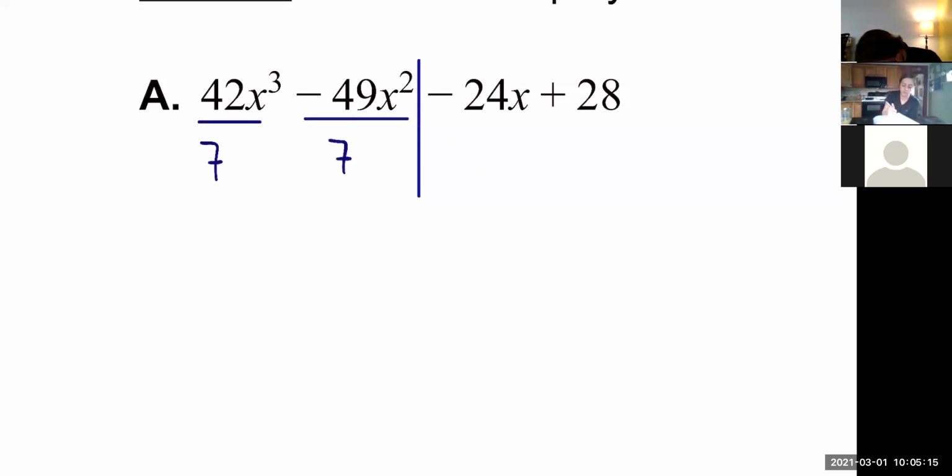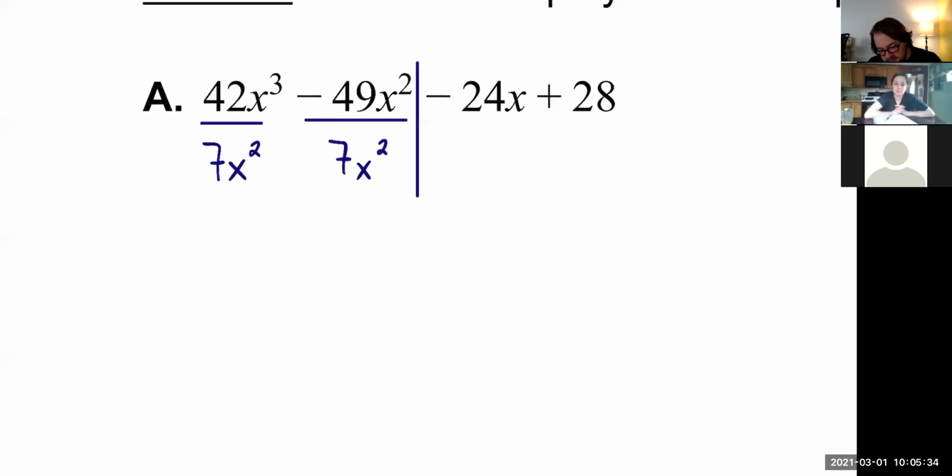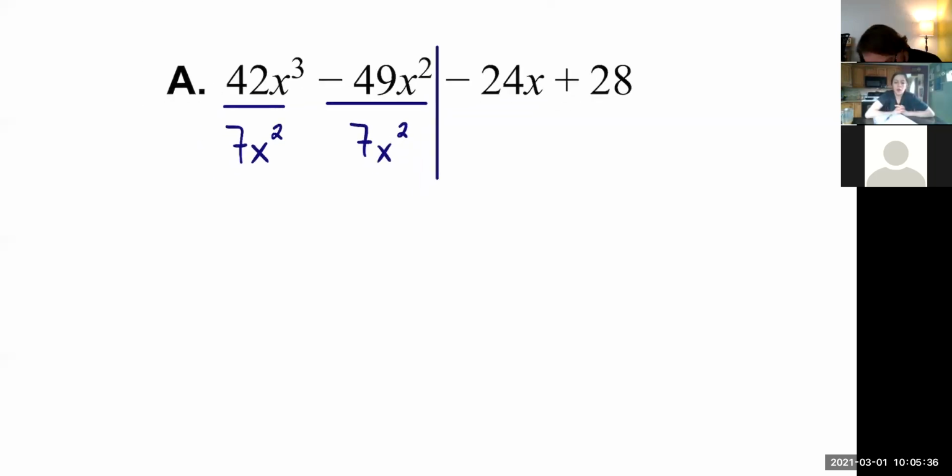X to the 2nd. So again, if you're still looking at the 2 terms on the right, this kind of feels wrong because obviously 7x to the 2nd would not work with either of those for their own reason. But again, I'm pretending like that side is not over there. I'm just factoring this binomial on the left.